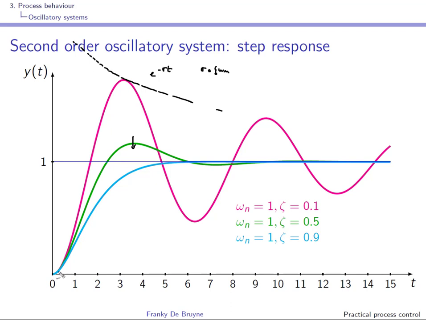The degree of the denominator is 2 and the degree of the numerator is 0, and therefore if you look at what is happening at the origin, you will see that both the step response and its slope are 0. We had seen something similar for two successive first order systems, so a second order lag system.